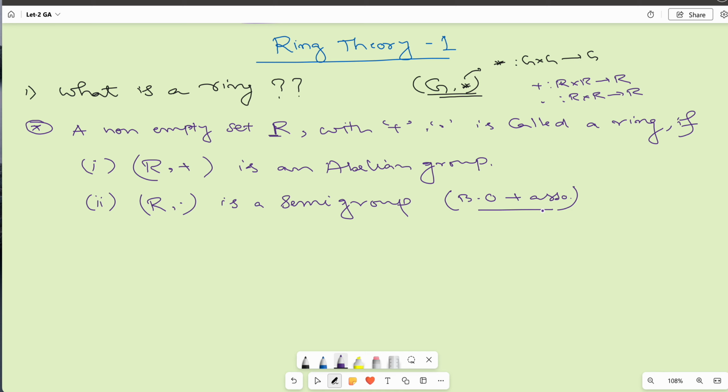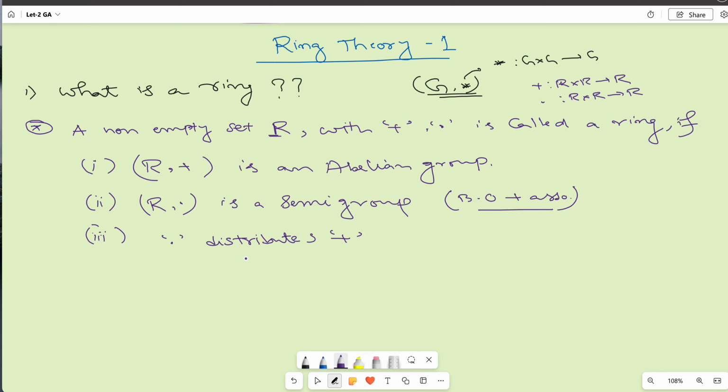So R with plus should be an abelian group, and R with respect to the second binary operation, dot, is a semigroup, and there is one more property: dot distributes over plus.